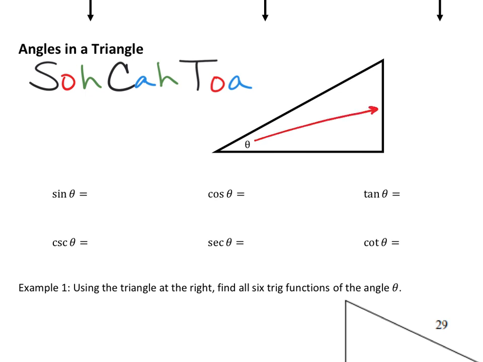The side directly across from theta is your opposite side, because it's opposite of the angle theta. The side that is touching theta, that is not your hypotenuse, is your adjacent side. And obviously your hypotenuse is the longest part of a right triangle, so here is your hypotenuse.